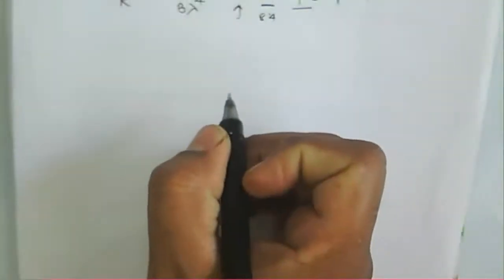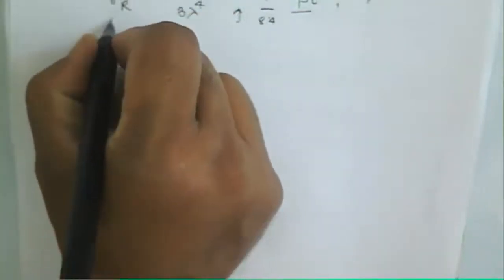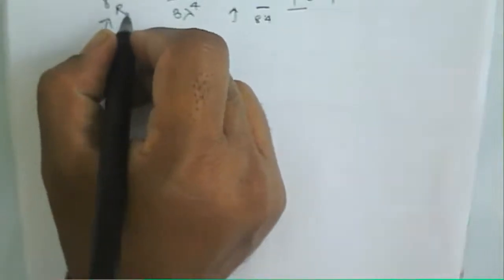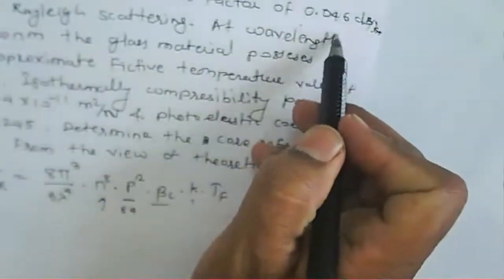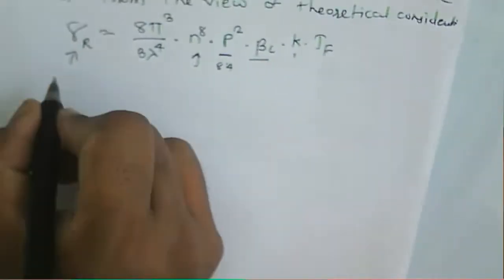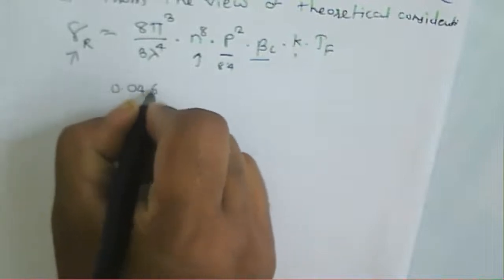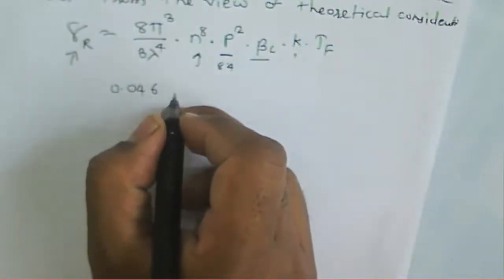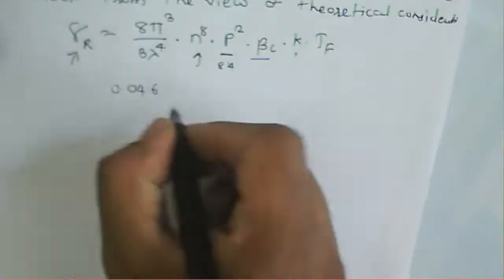Now if you see in this expression, the Rayleigh scattering is to be obtained, and for this Rayleigh scattering, the transmission loss factor of 0.046 dB is given. So the transmission loss factor is 0.046, and from that you can calculate the Rayleigh scattering.